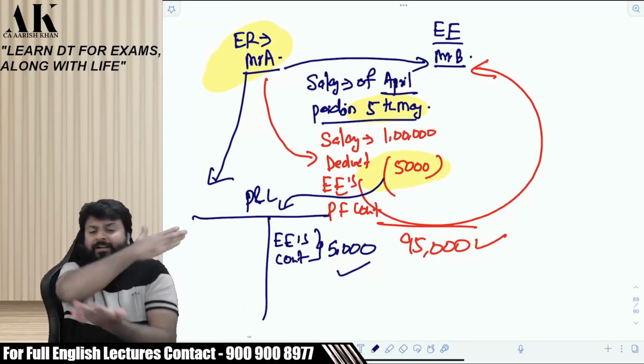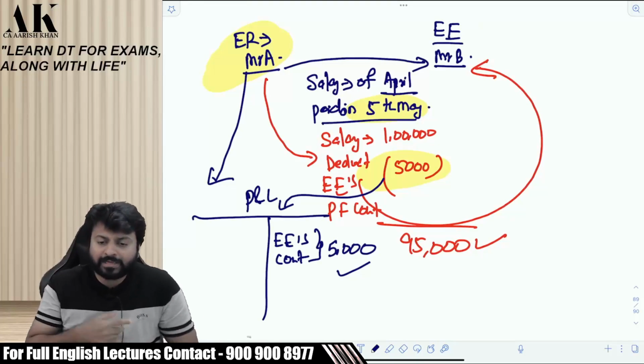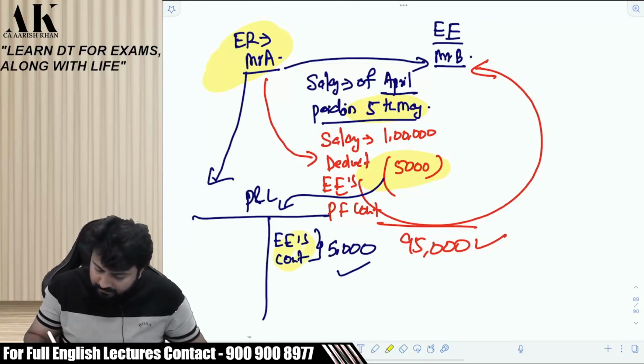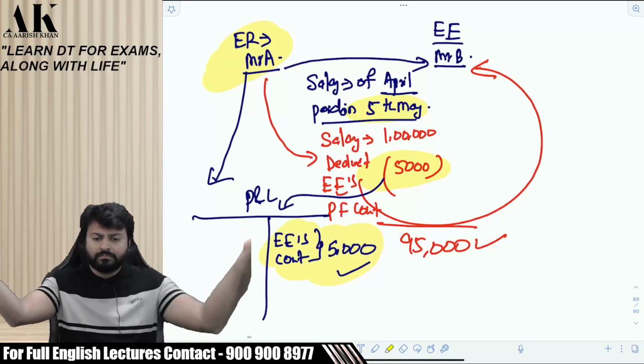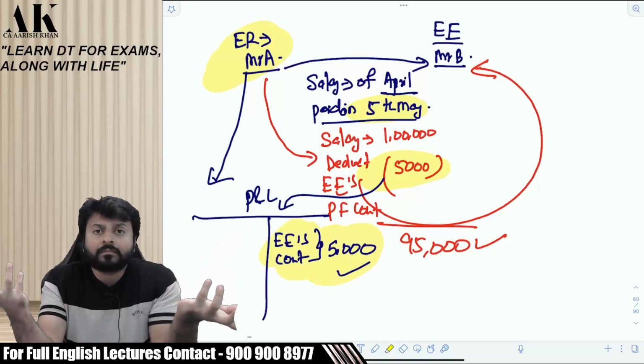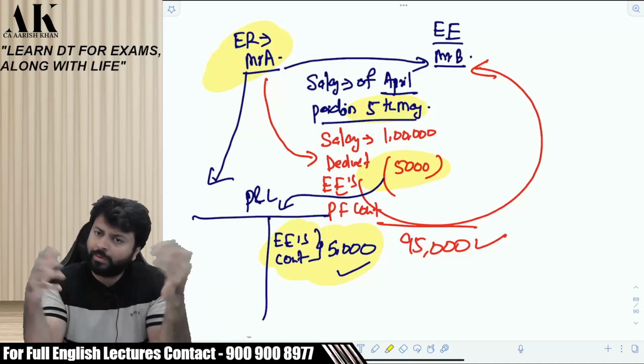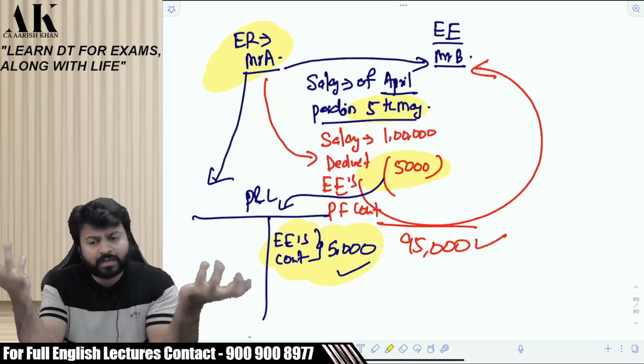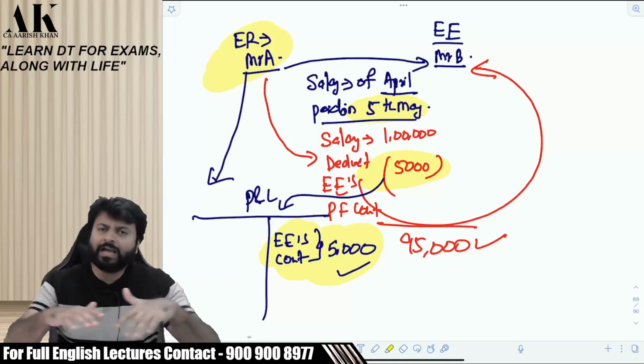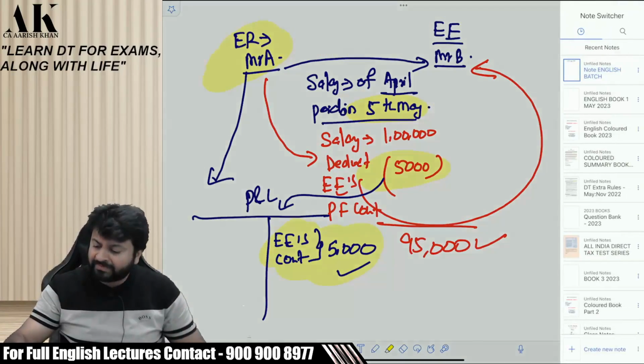The moment I deduct, the government says that that is the employer's income. How can that be income? The government says it is an income. So I will ask where it is written. Is the income defined under income tax law?